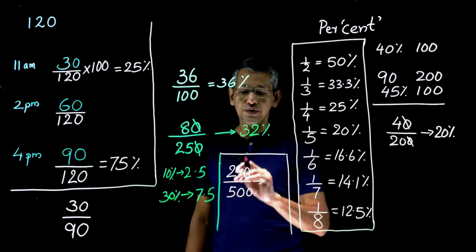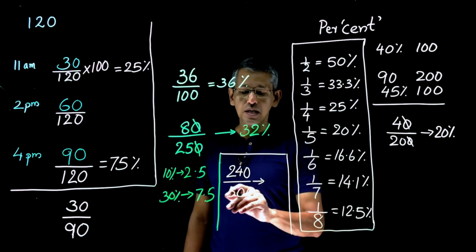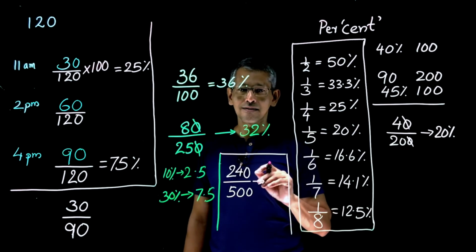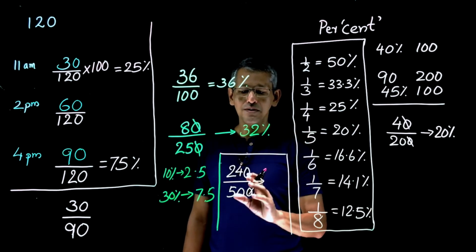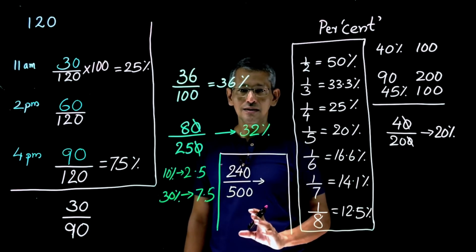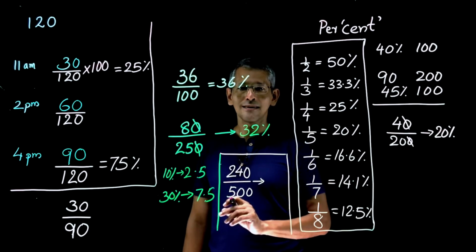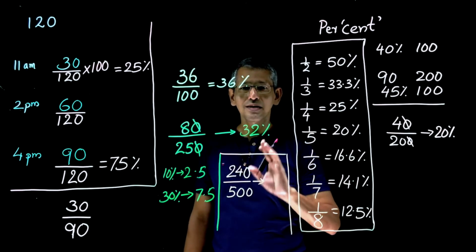50% is 250, but 240 is 10 less than that. So 10 is what percentage of 500? 10% of 500 is 50, and 1% of 500 is 5.